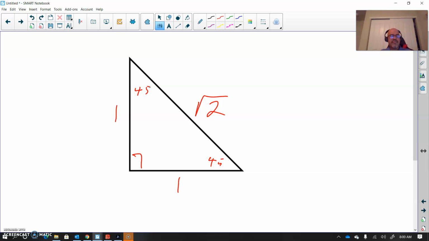So any 45, 45, 90 triangle is going to be similar to any other 45, 45, 90. So when you think 45, 45, 90, you're going to have to do this by measures of 1, 1, square root 2. So remember these ratios, and that's going to be the ratios of the sides, okay?